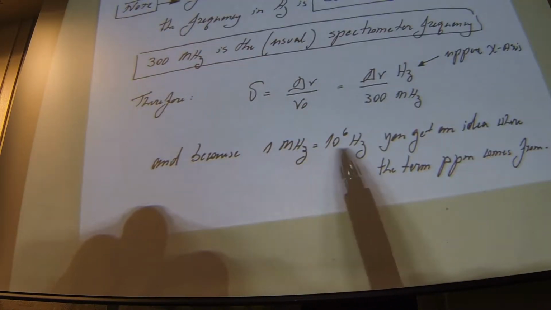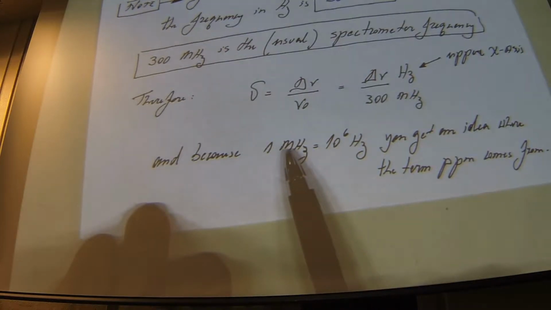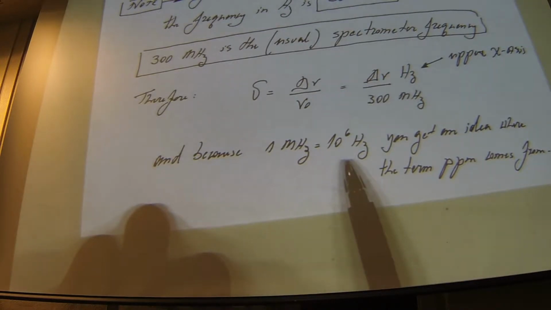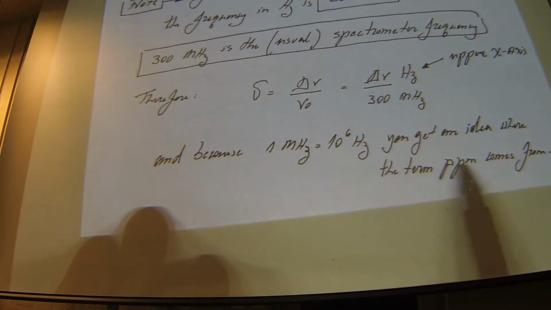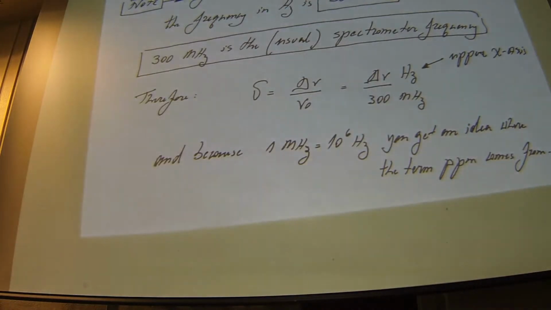Okay, now 1 megahertz is 10 to the 6th hertz, right? Mega is the prefix that indicates a million. So 1 megahertz has a million hertz in it. And now you can kind of see where this parts per million comes from. I said that the units on the x-axis were delta or parts per million. Parts per million of what?